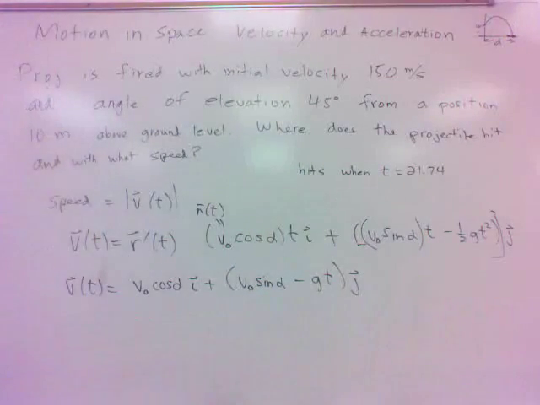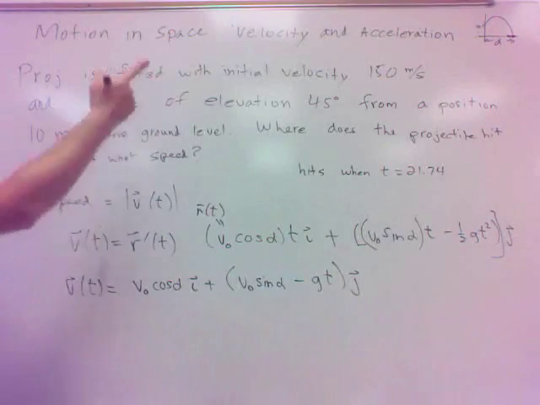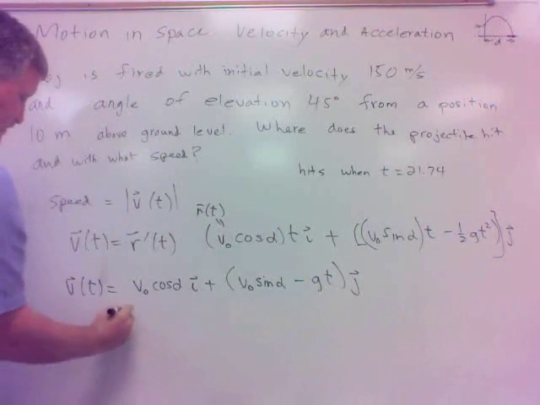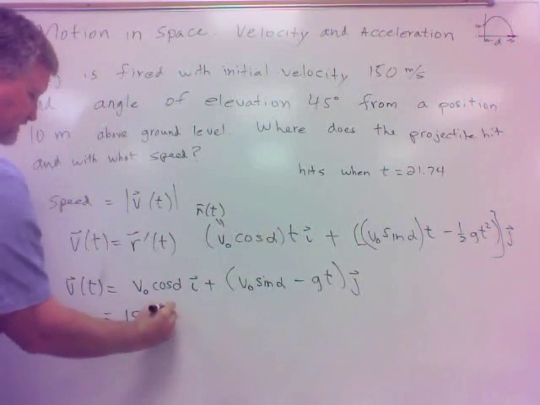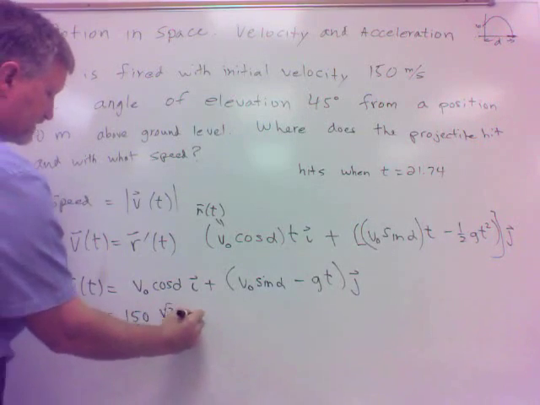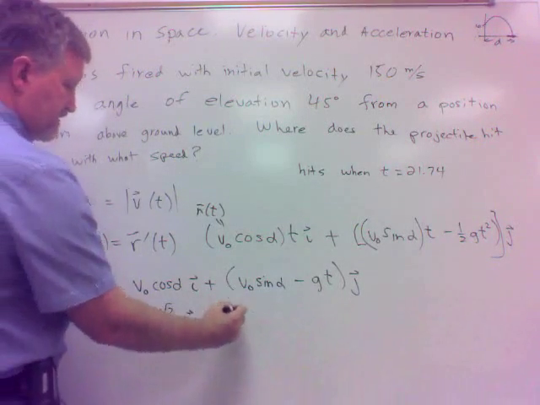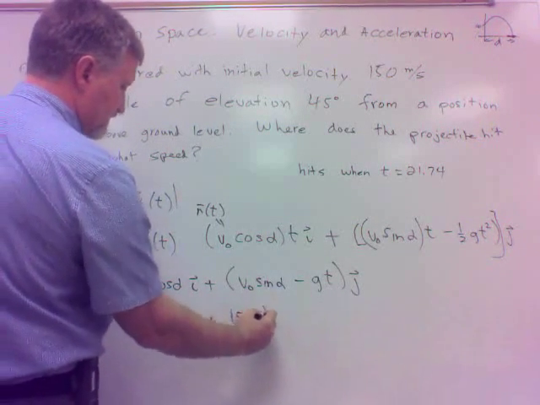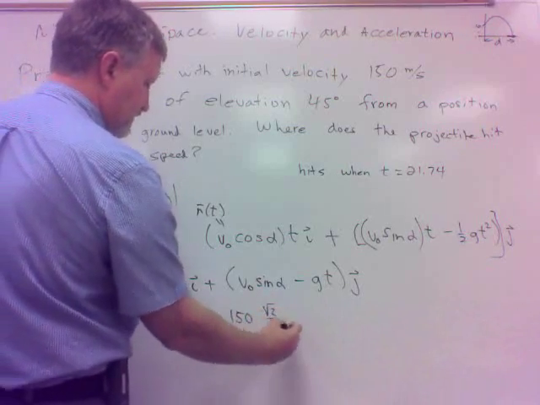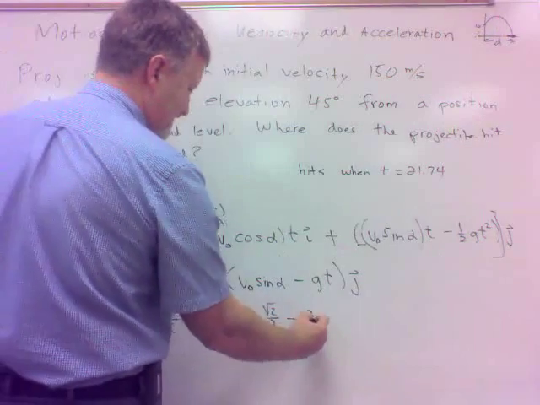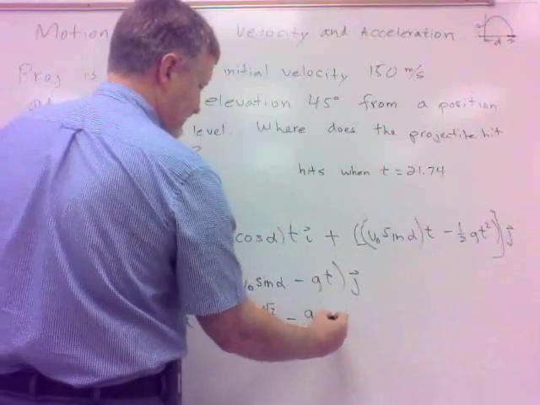Okay? So we know these things. v0 is 150 times the cosine of alpha, so that's square root of 2 over 2, so that's the i. Plus then 150 sine of alpha, square root of 2 over 2 also, minus 9.8 t.